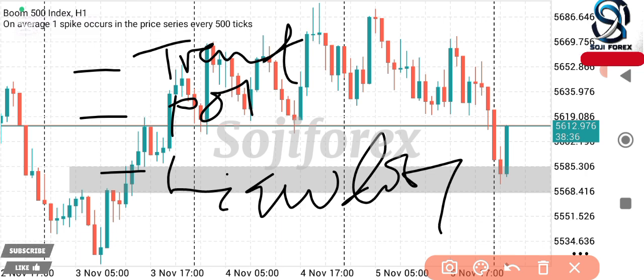Okay, so what is liquidity? It is advisable you get additional knowledge before then. This is a very crucial topic because many a time price hits your stop loss, takes you out and continues in the direction of your analysis, and you keep wondering why. All these are functions of liquidity, and I'll be explaining that to you in detail in the subsequent video to come.